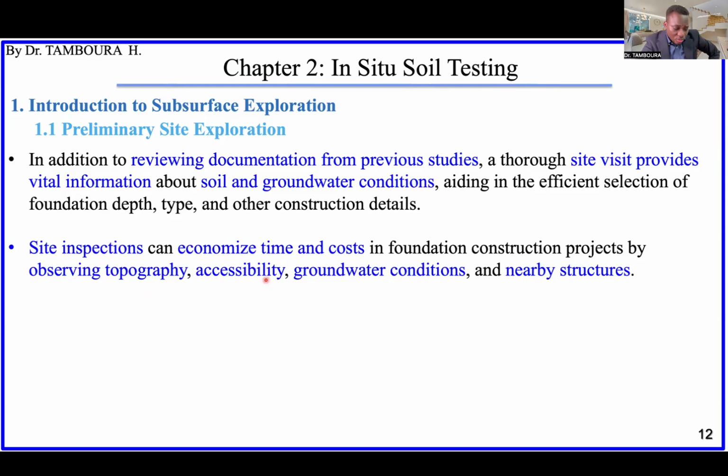As I said, you need to get access to the site. Is there any road already existing that helps to access the site? Or do you need to build something, at least do some earthwork to make a platform, a working platform, something like that. So accessibility also, by doing the site inspection, you can see very easily.